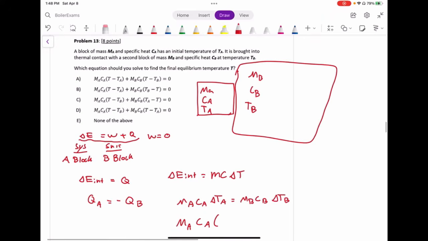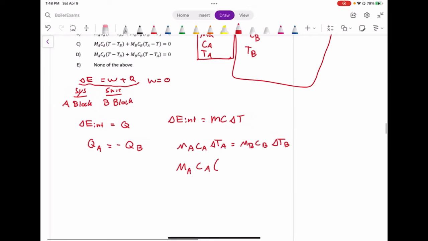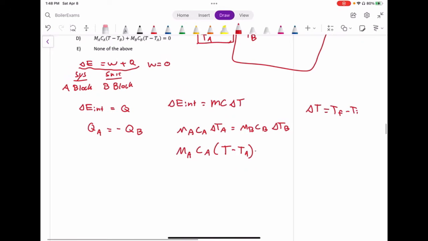Since they're in contact with each other, they are going to have the same final equilibrium temperature. So delta T is TF minus TI, right? So we have T as our final temperature minus the initial temperature of block A, which is just TA, equals MB times T minus TB. Same deal for block B.